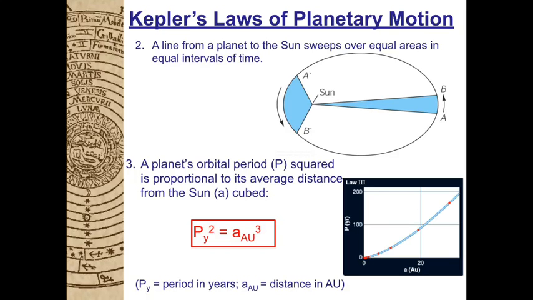Okay, and that distance cubed is what's going to be related to the period squared. So he has connected the period, which is going to be measured in years, the time that it takes it to go around, to the distance in astronomical units from the sun. Okay, so those are Kepler's 3 laws.